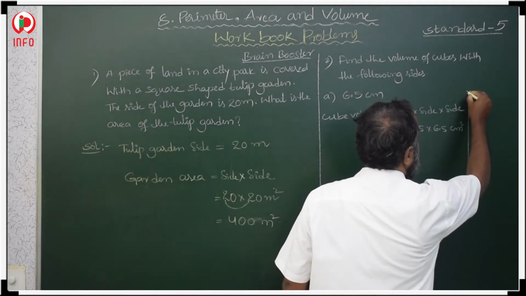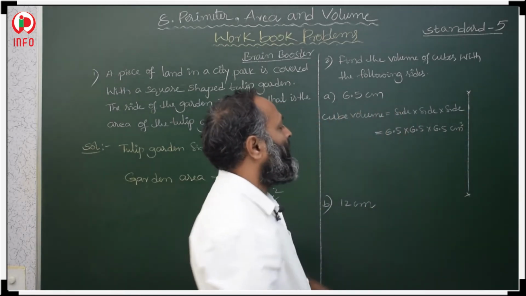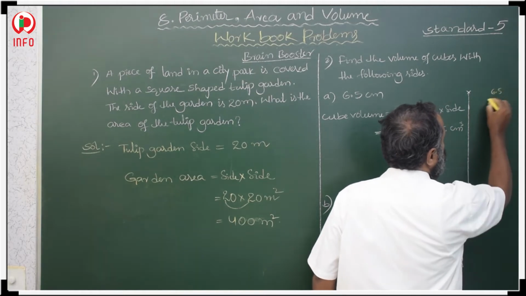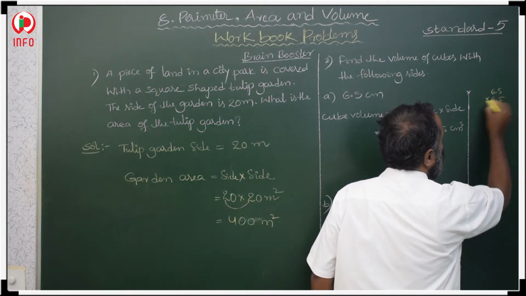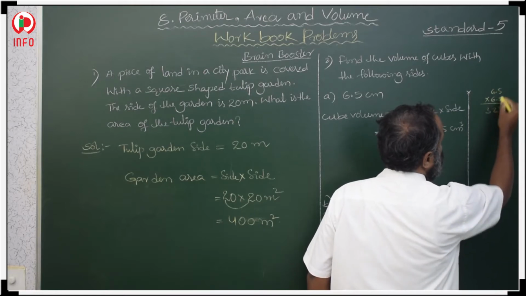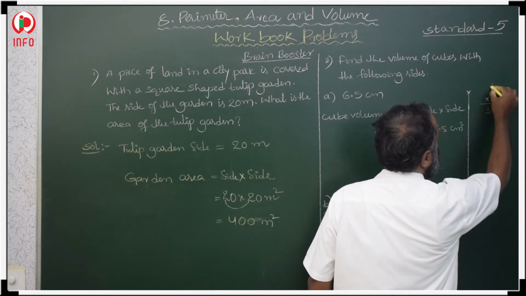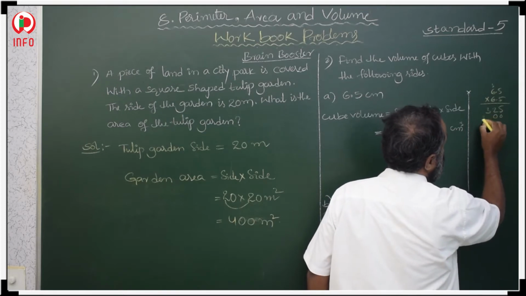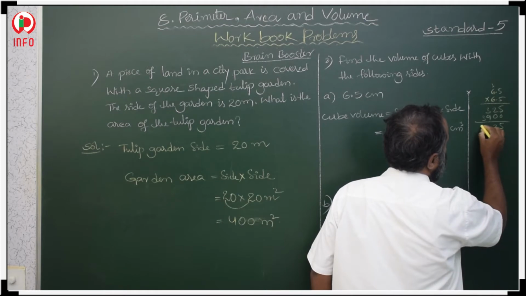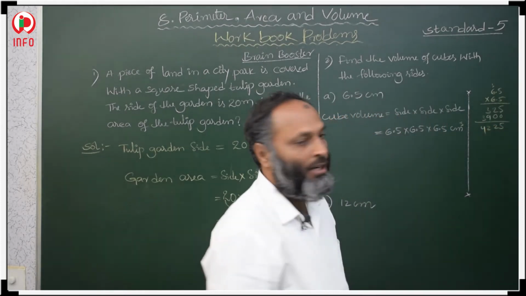So now we have to multiply 6.5 with 6.5 first. 6.5 multiply with 6.5. 5 5s are 25, 5 6 are 30, 32. 6 5s are 30, 3 6 are 36, 39. 5 2 12, 4. 4225.